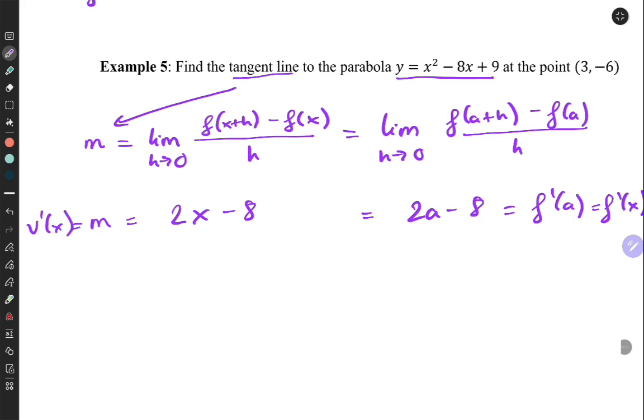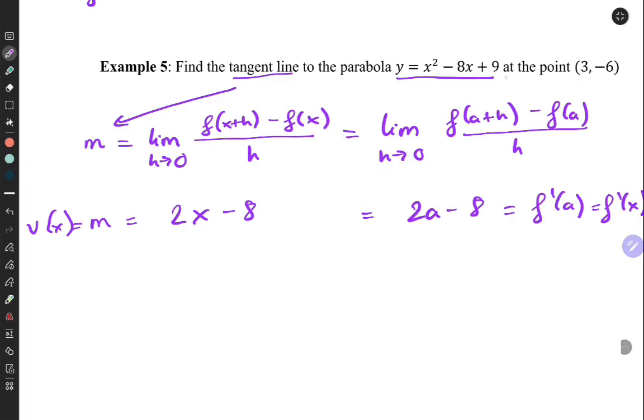Velocity, slope, right? X, A, derivative at A, derivative at X. They're basically the same, carry the same meaning. All right, so I have the slope.